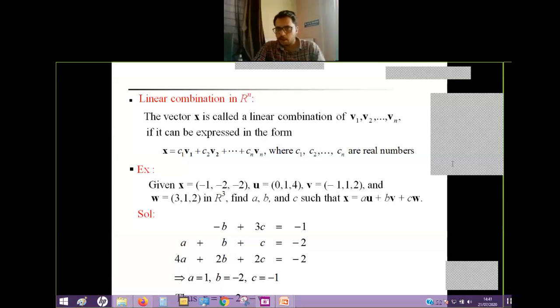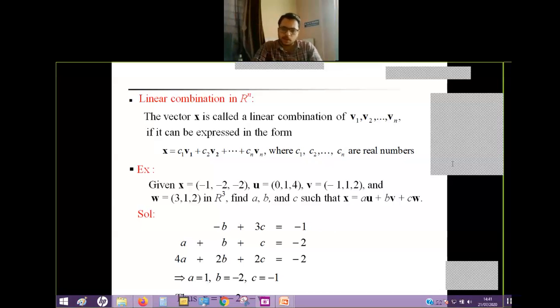So if a, b, and c are present in, let's say, vector space V, then vector C is called a linear combination of two vectors, that is vector A and B, since the components of vector C can be expressed as a scalar multiple of the components in vector A and vector B. That's why we say that C is in linear combination of the vectors A and B.